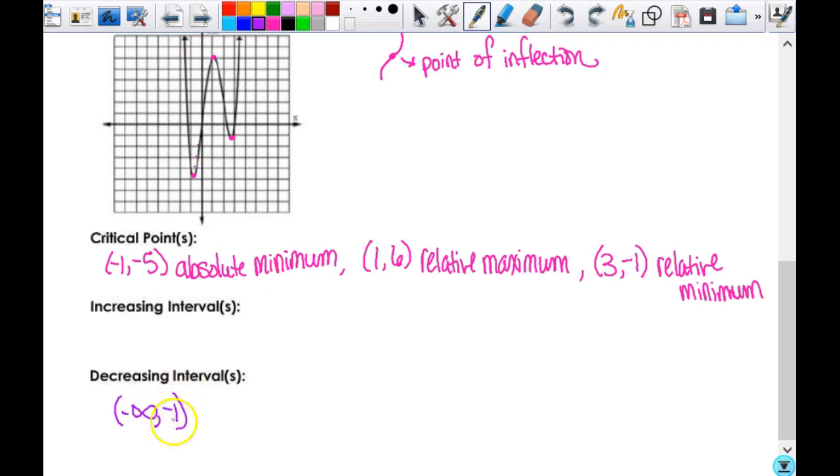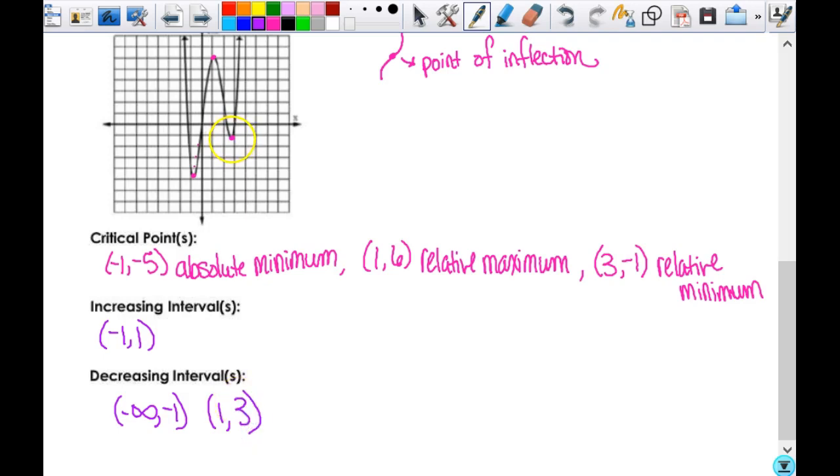We do not include the -1 because that's when it changes its mind. And now it's going to start increasing. So at -1, it's not increasing or decreasing. But now it's going to increase from here to here. So it's increasing from -1 to 1. I'll put it in the right spot this time. Then we hit another maximum and it starts to decrease. So it starts to decrease at 1 and keeps decreasing till it gets here, which is at 3.